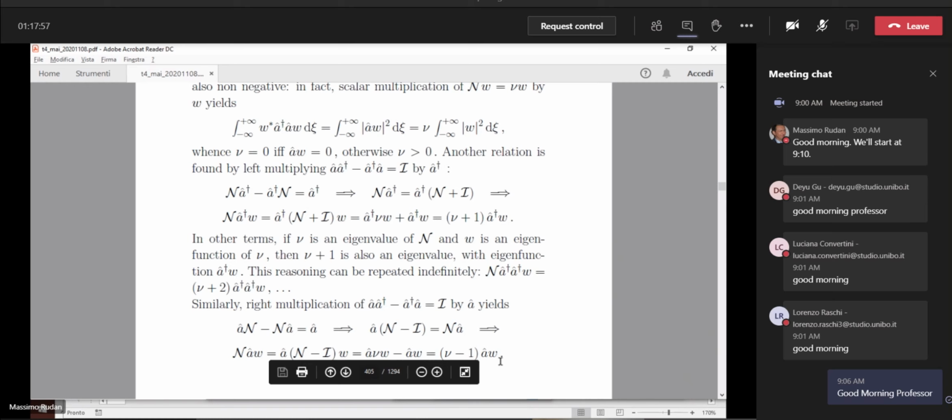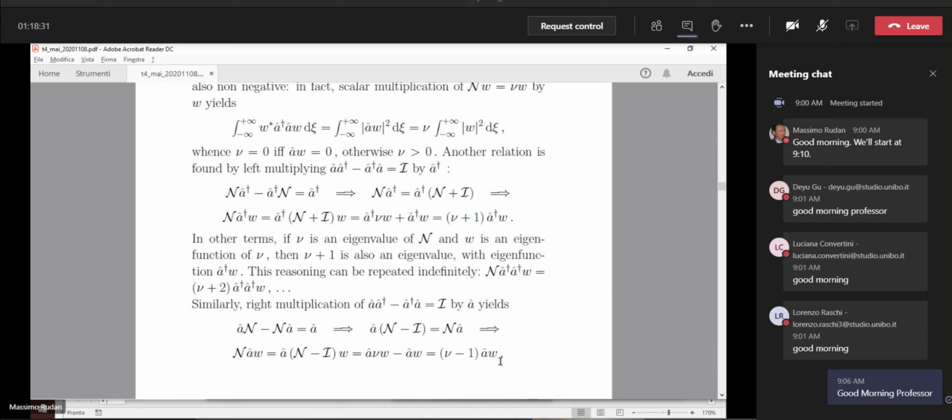So by limiting the eigenvalues to the integer numbers, 0 included, so 0 or positive integers, we eliminate the contradiction, because we find automatically the method for stopping the ladder in the backwards direction.